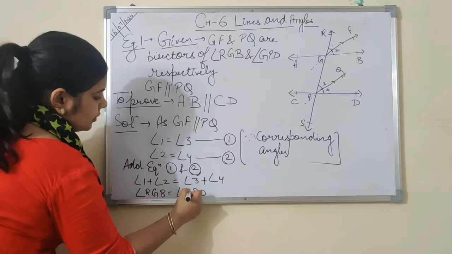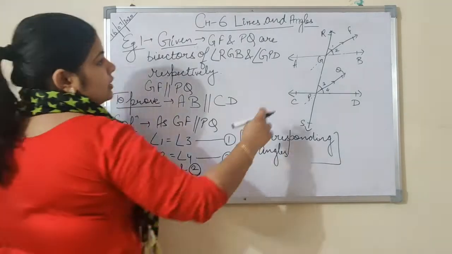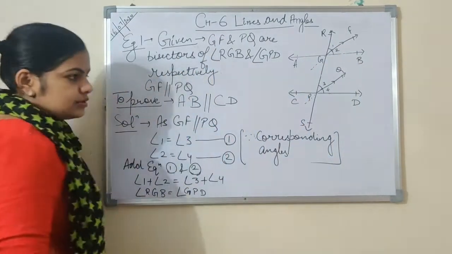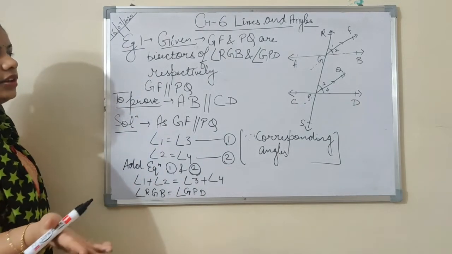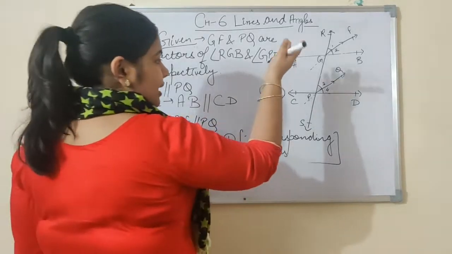So, what you will observe here? These are coming equal also and these are making corresponding angles. As we have read the question, we have made the figure by that only.